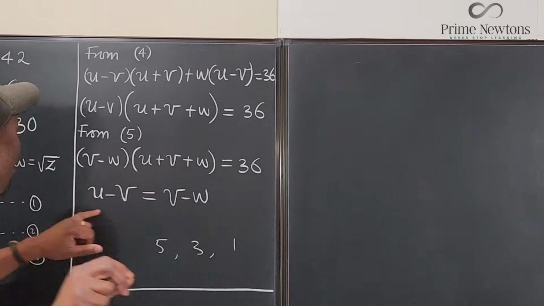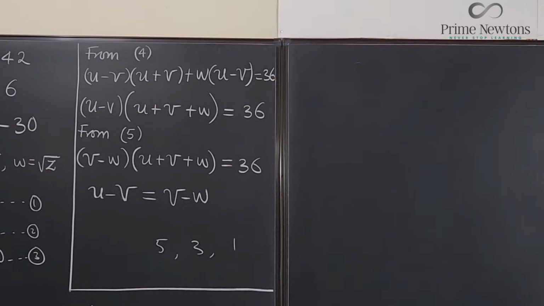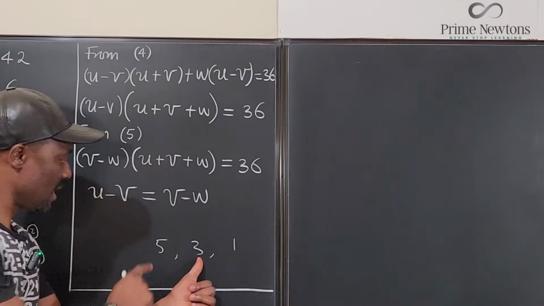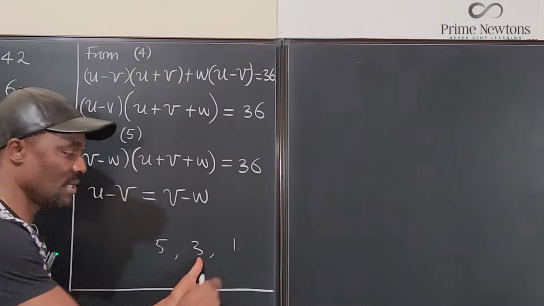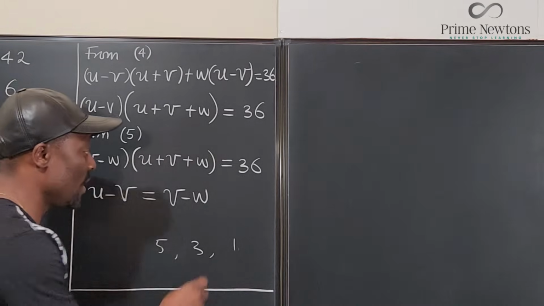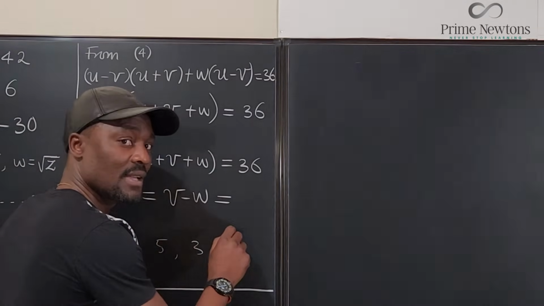So the three numbers we did this substitution with, u, v, and w, are in an arithmetic sequence. Twice the middle number is the sum of the two numbers that are adjacent. We just don't know what the common difference is yet, so we're going to call it d.